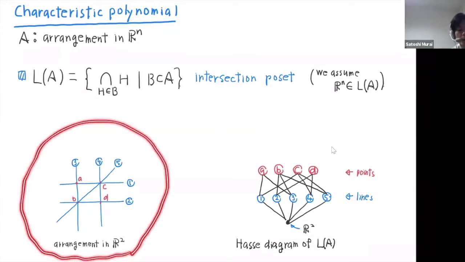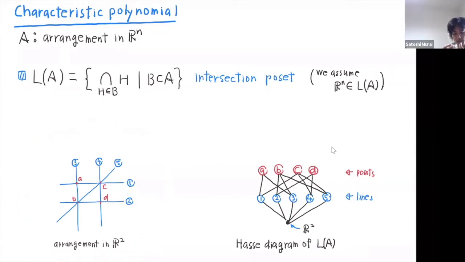If we consider the arrangement in R2, then the affine spaces obtained by intersection of hyperplanes are just lines and points. In this picture, the arrangement is just these 5 lines, and as an intersection of hyperplanes, you get 4 points. But for some technical reason, I want to assume that the whole space is also contained in the intersection poset.